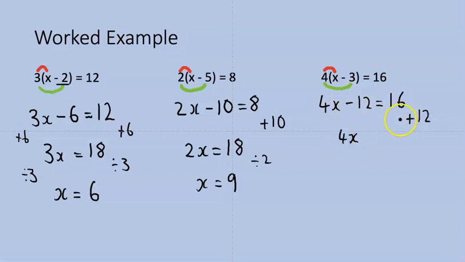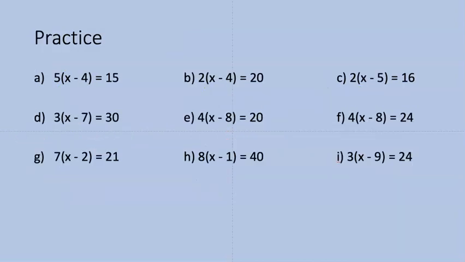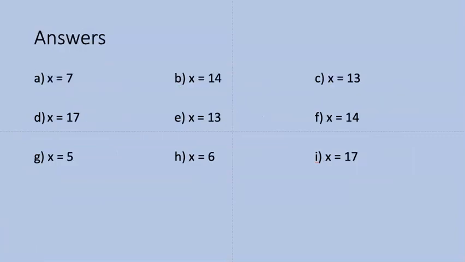And then 16 plus 12 gives me 28. And then divide both sides by 4. x equals 7. So what I'd like you to do now is have a go at these ones here and see if you can get them right. Okay, now we're going to check the answers, which are here.